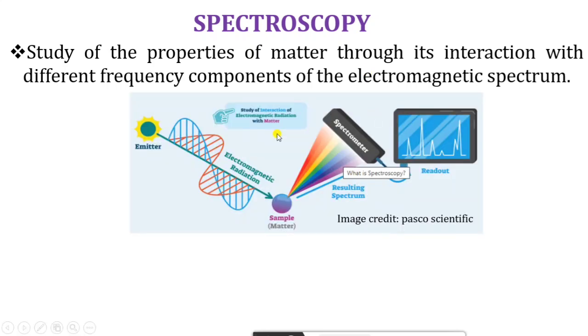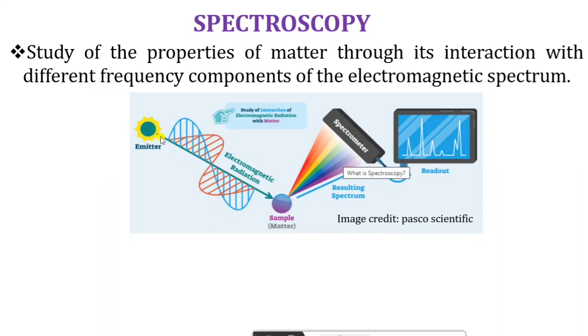This picture is a diagrammatic sketch which represents what spectroscopy is. In spectroscopy, our sample is placed here, the compound whose interaction with the electromagnetic radiation we want to analyze. There will be an emitter to emit electromagnetic radiation of appropriate wavelength or frequency depending on the technique we use.